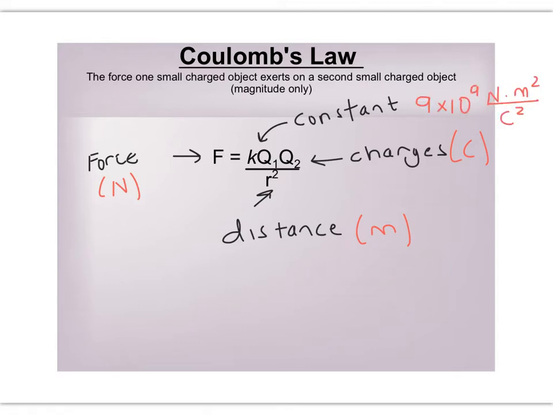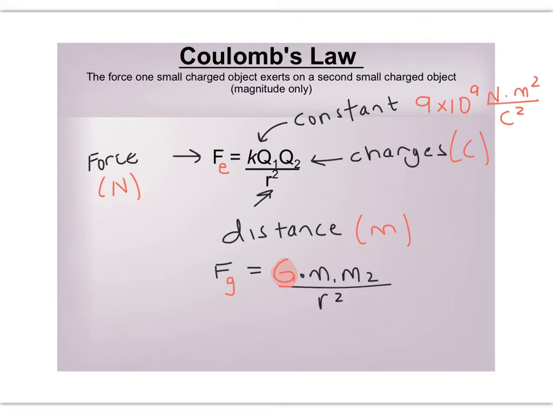As you look at this equation, it may look a little familiar. This is going to be the force between charges, also known as the electric force. But we've had an equation that looked very similar before when we did gravitational force. The gravitational force was some constant, and that constant, capital G, was 6.67 times 10 to the negative 11th newtons times meters squared over kilograms squared, times the product of masses, and so very similar.